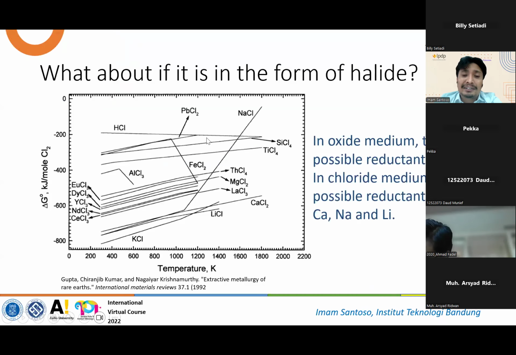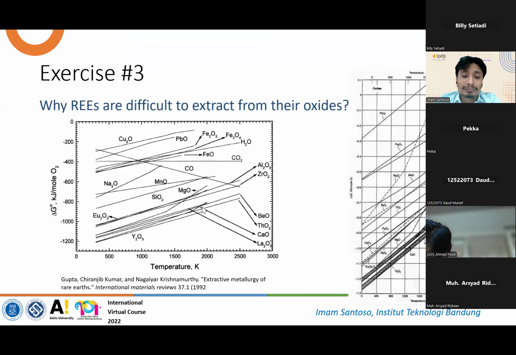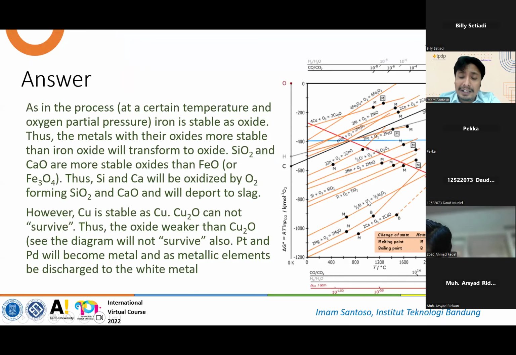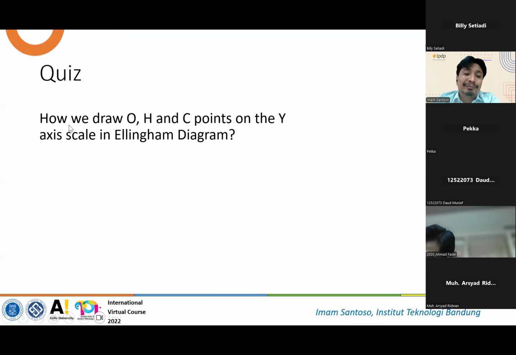For aluminium, you need a reductor at high temperature, but theoretically you can produce aluminium, magnesium, or calcium without a reductor.